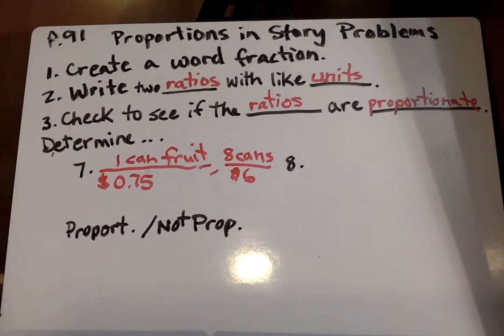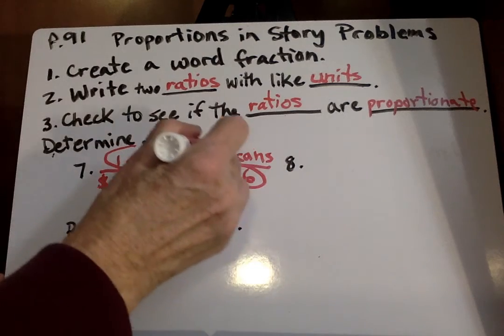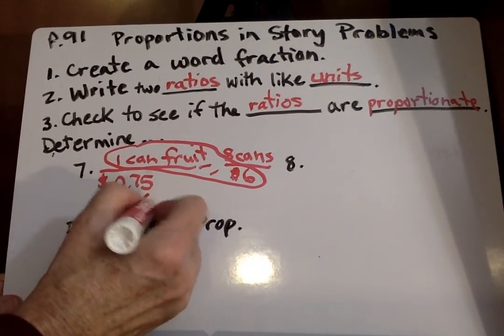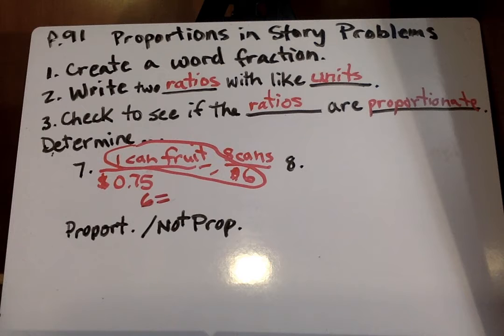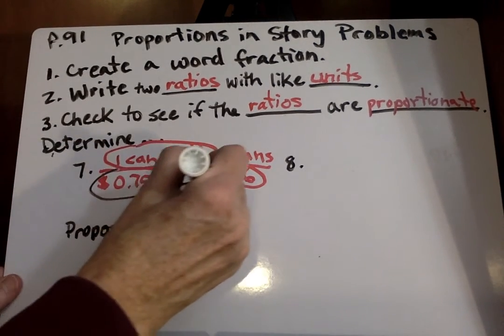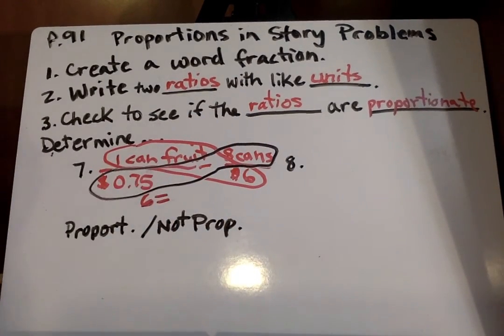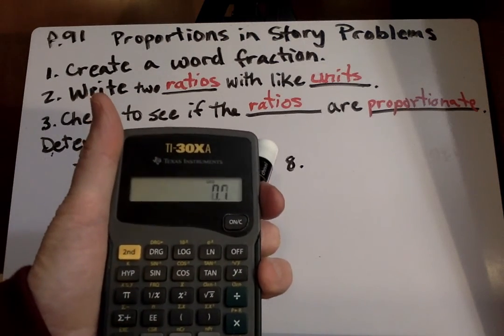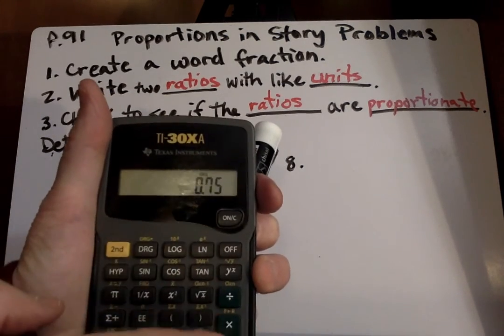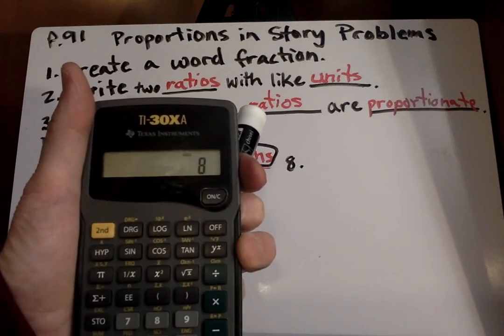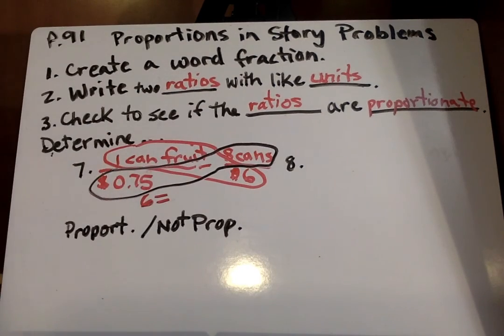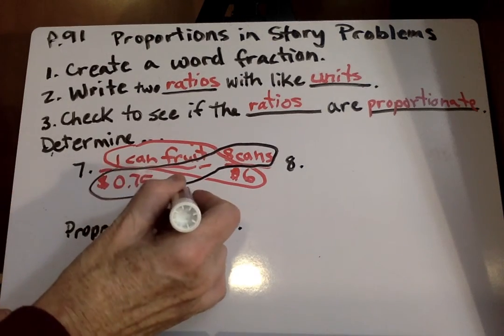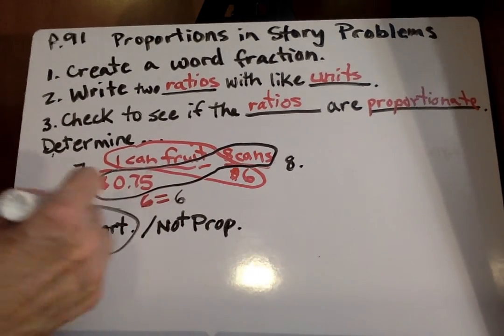Again, we're going to multiply the first numerator times the second denominator. 1 times 6, that's easy. The other one, 75 cents times 8. $0.75. Remember the decimal for 75 cents times 8. And that equals 6. So if these two numbers are equal, it's going to be proportionate.